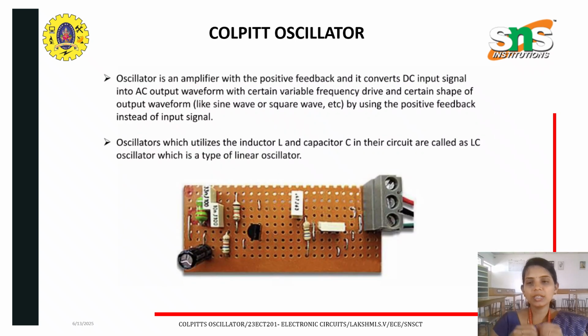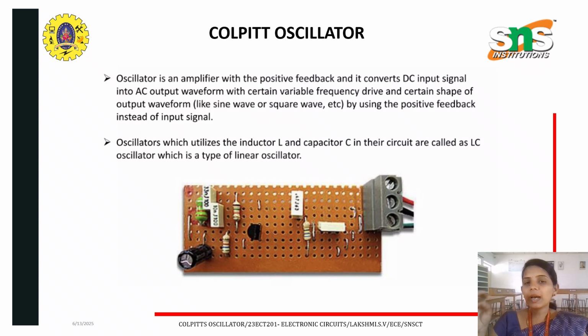In this session, let us discuss the Colpitts oscillator. There are different types of oscillators like LC and RC, and the classification is done based on the frequency. Talking about the LC oscillator, the oscillator circuit involves the amplifier part as well as the feedback part.